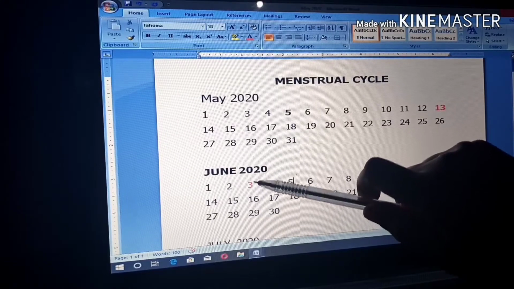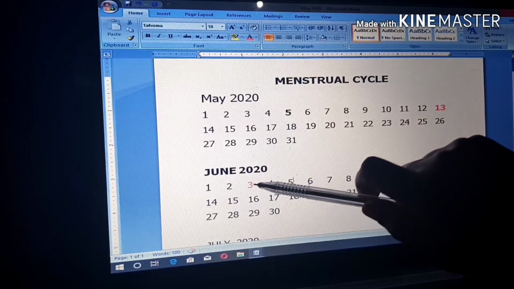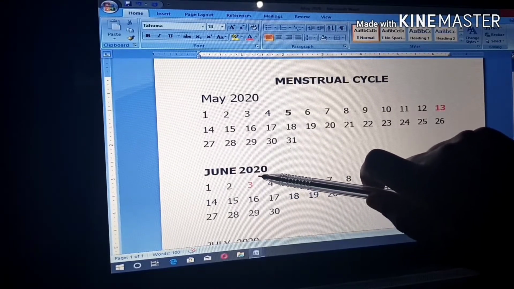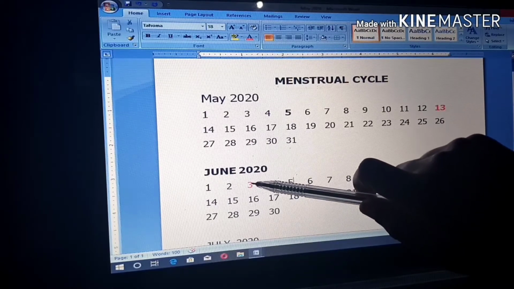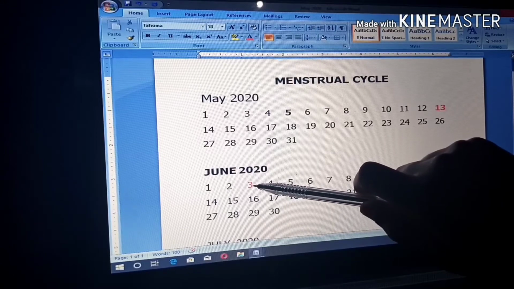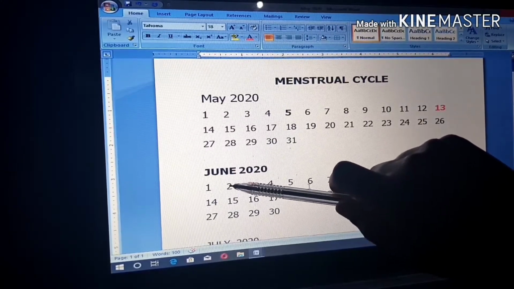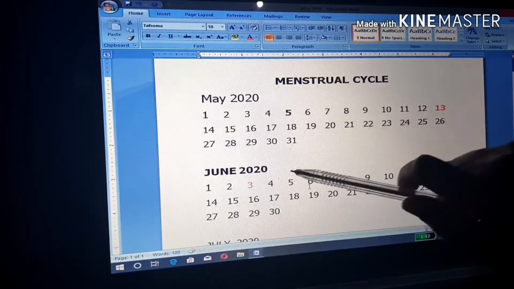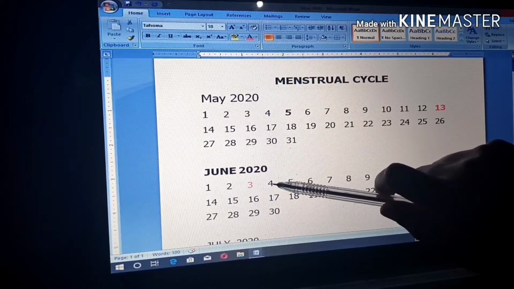That means you will be ovulating on the 3rd of June. But still remember what I said earlier, because of hormonal changes that can take place, you can ovulate a day before, which is on the 2nd of June, or a day after, which is on the 4th of June. Hope that is clear.